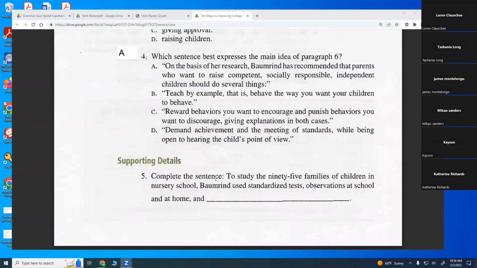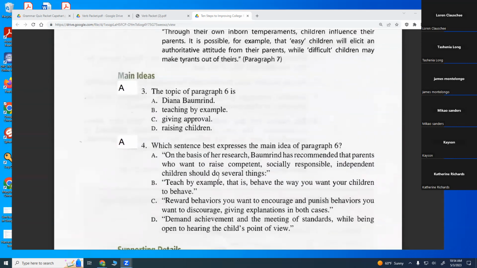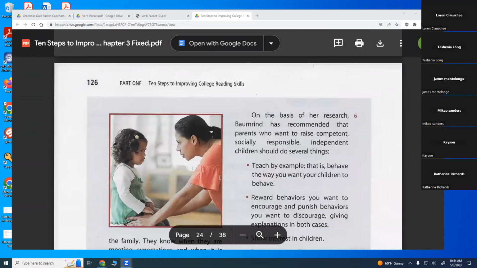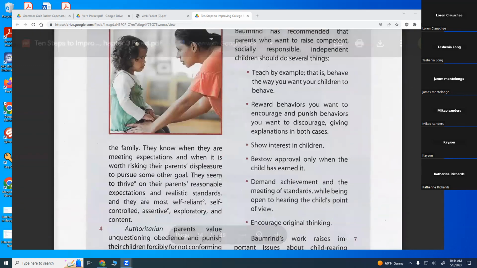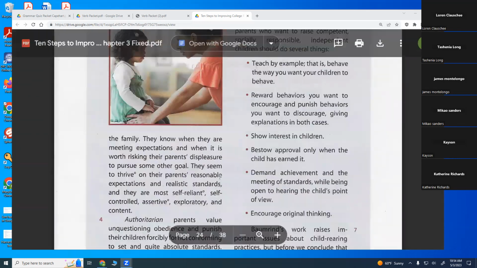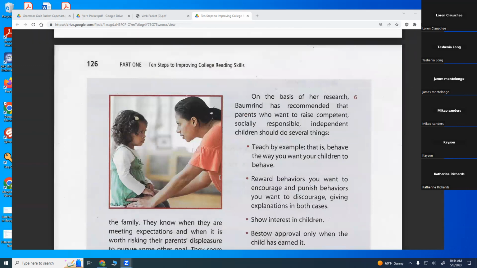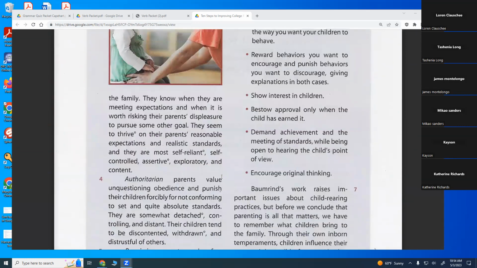Which sentence best expresses the main idea of paragraph 6? So let's whip up there and look at paragraph 6. Here's where she's getting into raising competent, socially responsible, independent children. High stakes, that's pretty cool.